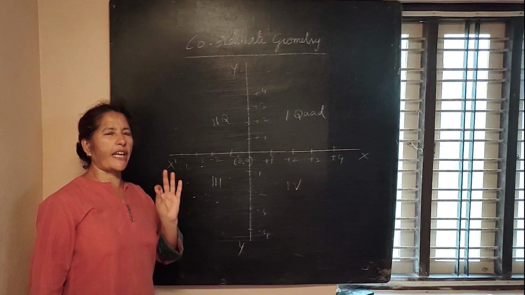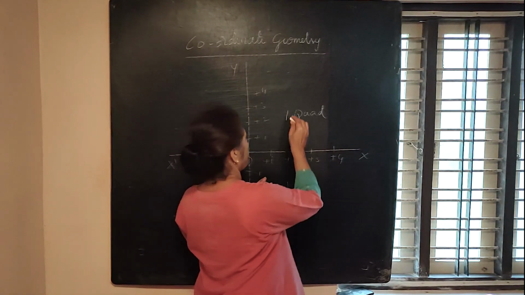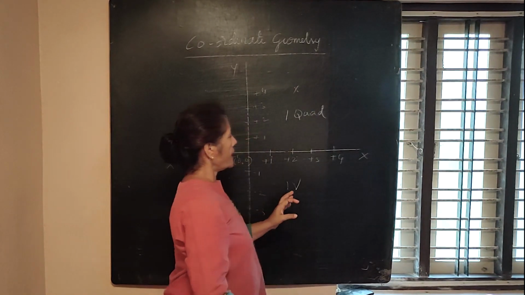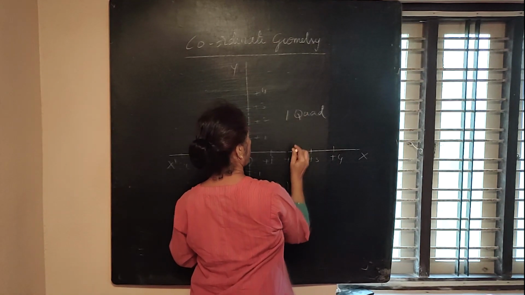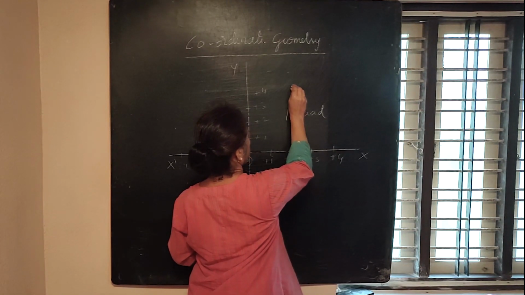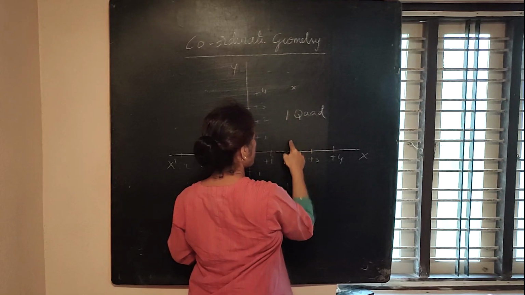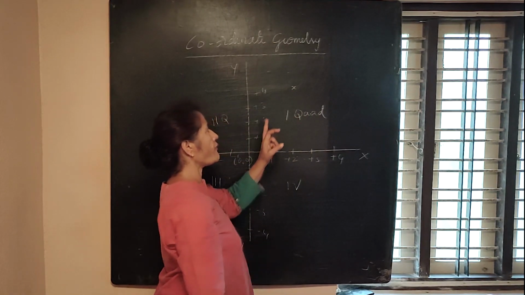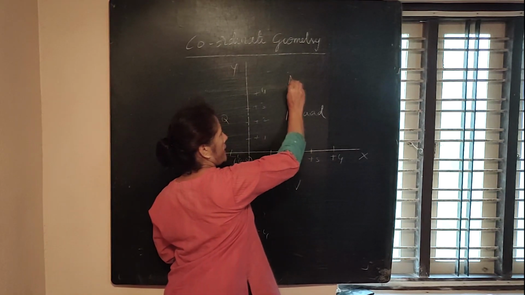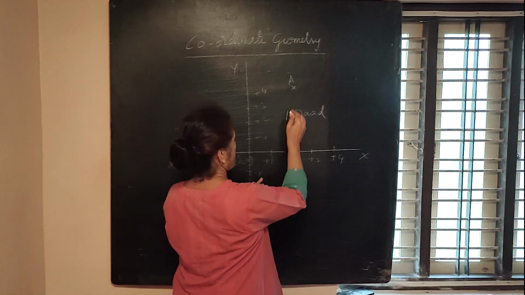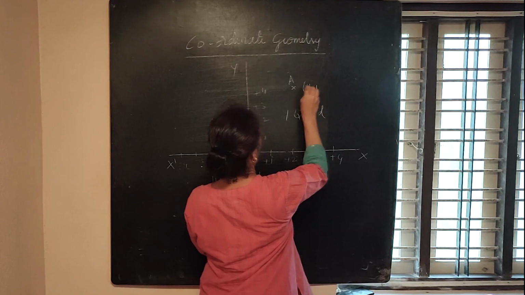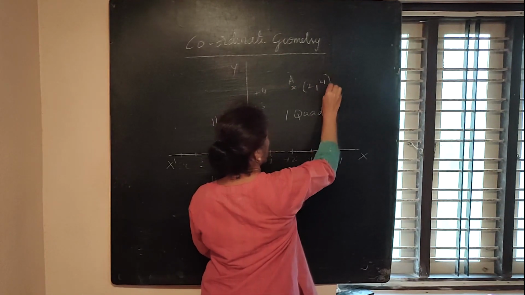Suppose I locate any point in the first quadrant, there are x coordinate and y coordinate. Think that I located a point here. So what are the coordinates of this point A? It is 2 in the x-axis. I name it as 2, 4.